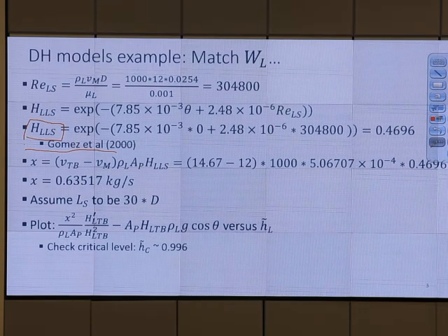I think I remember that I said 0.6, but it's 0.7. So it's not 0.6, it's 0.7, I'm sorry. So you said the HLC should be, no, let me finish. The holdup of the slug body. So the HLC should be 0.35, right? 0.7 multiplied by 0.5 is 0.35, yes.